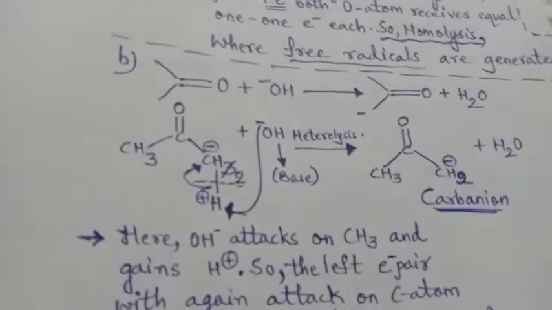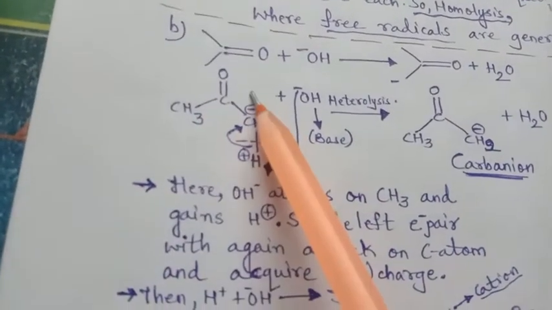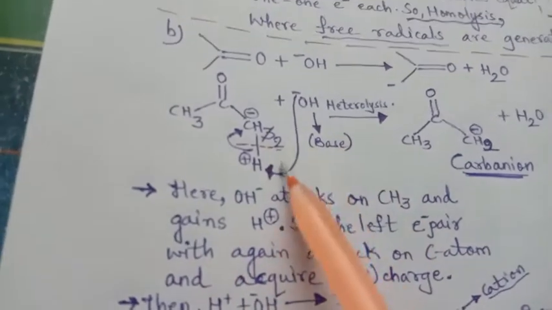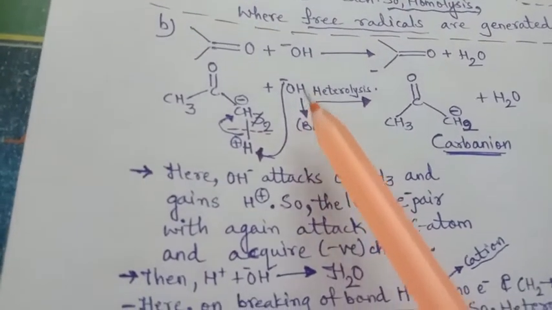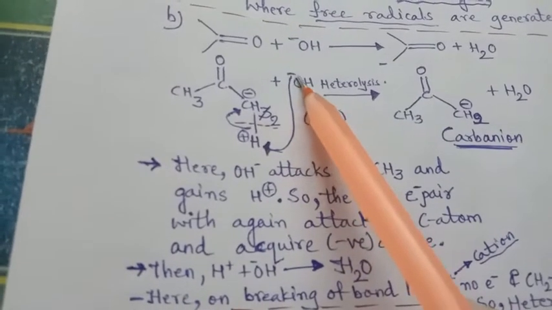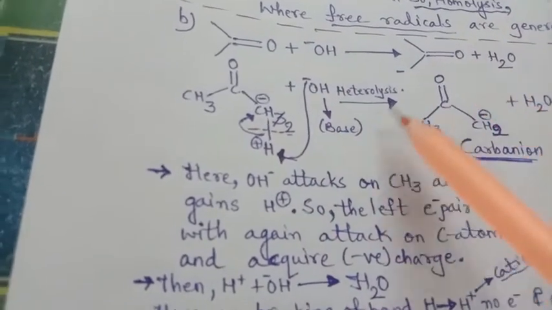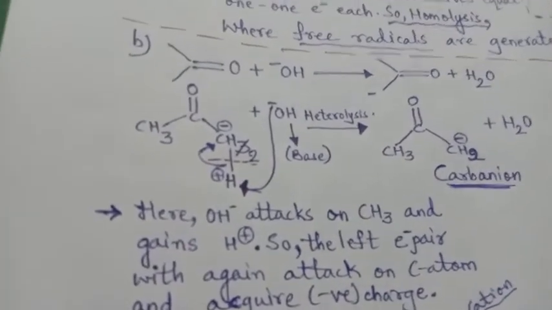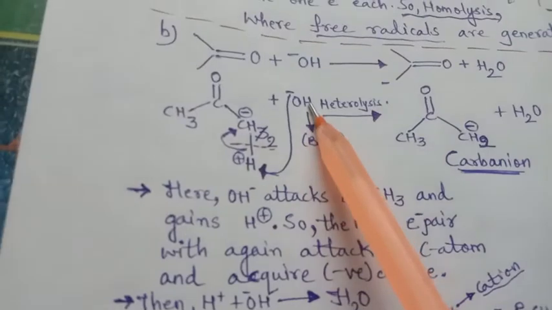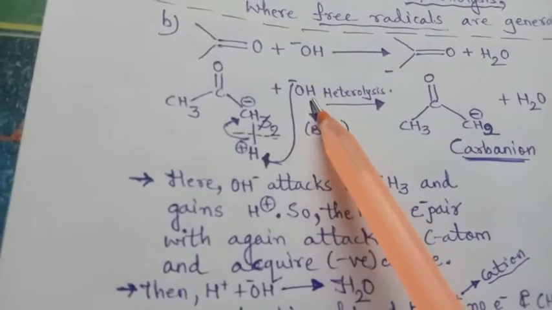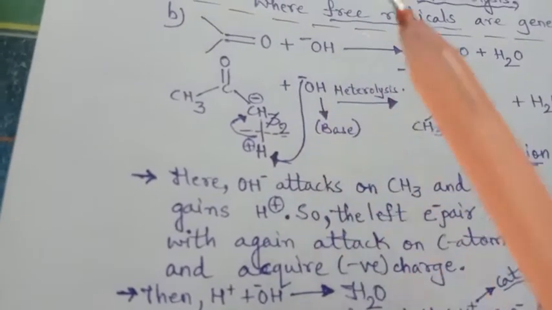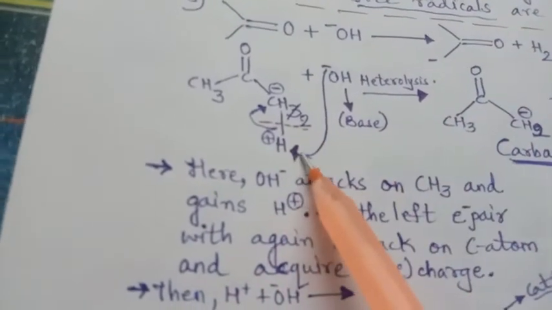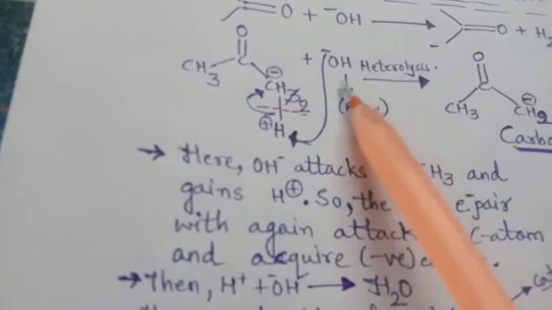See, in the condensed formula, CH3, C double bond O, and this side also CH3. Now OH minus. OH minus has a negative sign, so it is also termed a nucleophile. But in nucleophile, I have helped you out: when it is not going to attack hydrogen, that means when it is attacking any other atom other than hydrogen, then it is a nucleophile, otherwise it is a base.